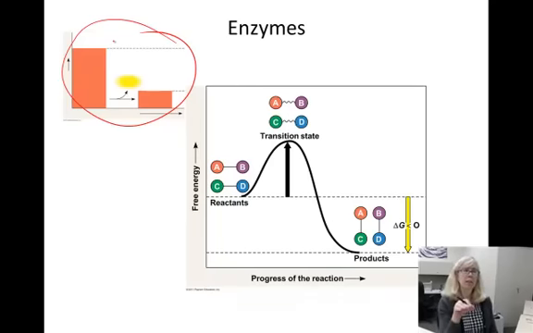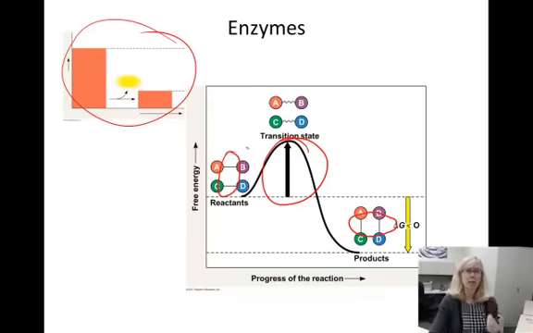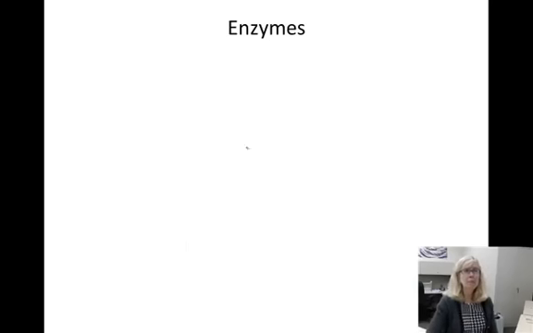This input of energy is called the activation energy of the reaction. And the energy is provided by the kinetic energy of the molecules bumping into each other. But in biological systems, this happens too rarely to make the reactions useful. So an enzyme is a molecule, usually a protein, that helps the reaction proceed.